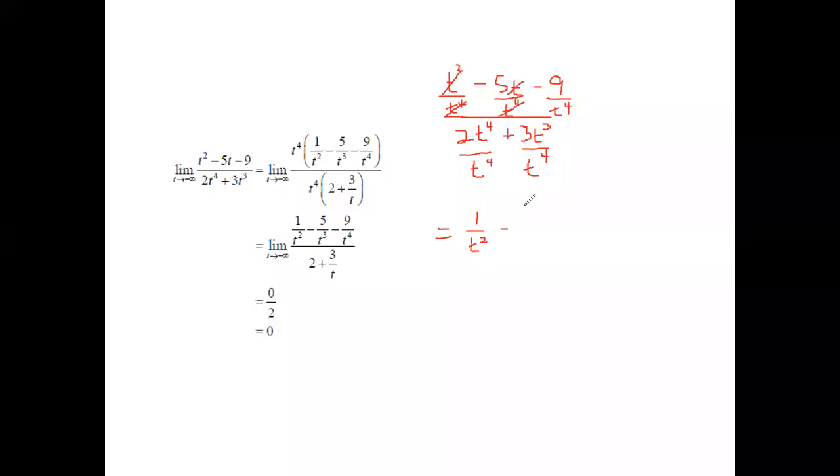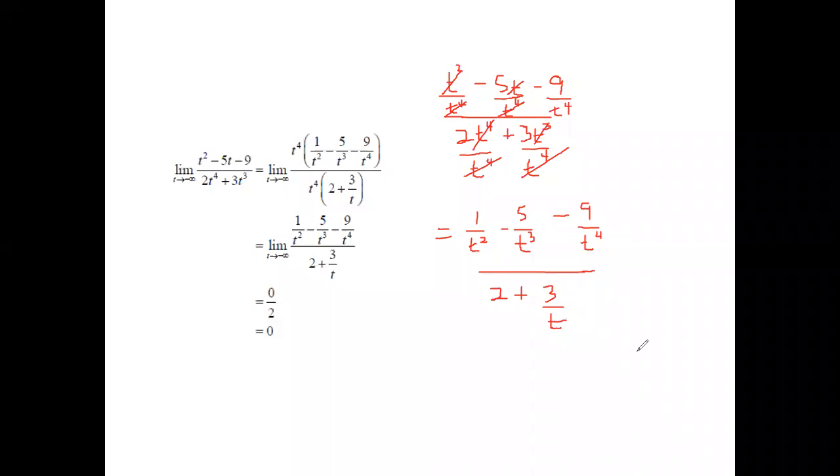So we have 5 over t cubed minus 9 over t raised to the power 4, all over 2, since t raised to the power 4 will cancel out this. Plus 3t cubed goes here, t times. So that will be 3 over t. Now this looks like a much simpler expression.